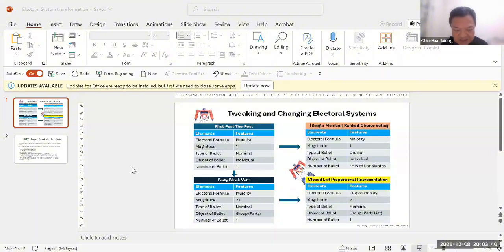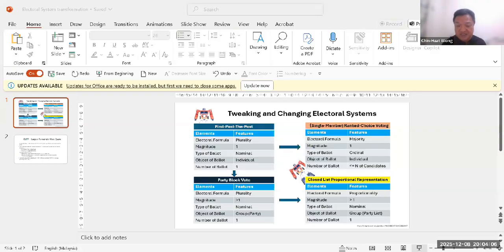This is from party block vote to closed list proportional representation. If you think about the Singapore case, you have a GRC, and now you want to make it closed list proportional representation. What's the main difference? The main difference is just the electoral formula. Here, you let the largest group win all the seats regardless of their vote share.